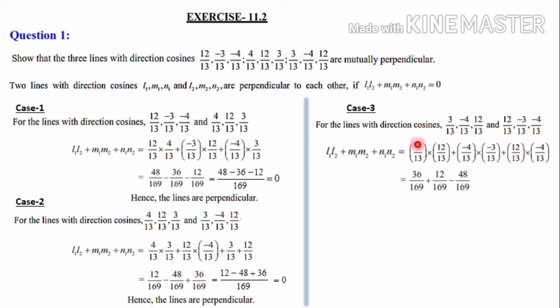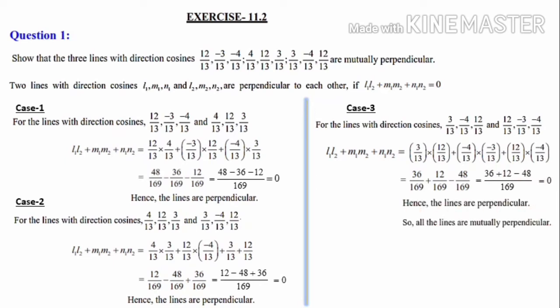That is equal to 36 by 169, plus 12 by 169, minus 48 by 169. That is 36 plus 12 minus 48 in the numerator, common denominator 169, that is equal to 0. As before, 36 and 12 add to 48, 48 minus 48 is 0. So here also the product is 0, that's why the lines are perpendicular.